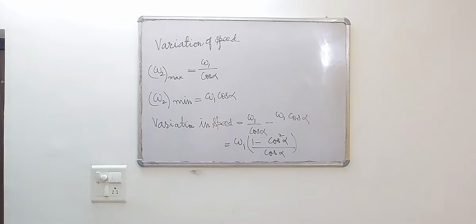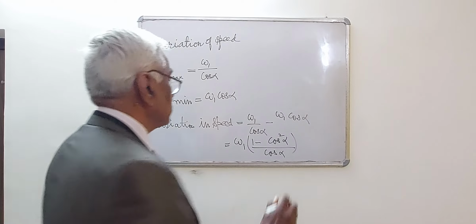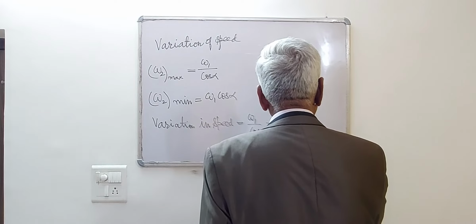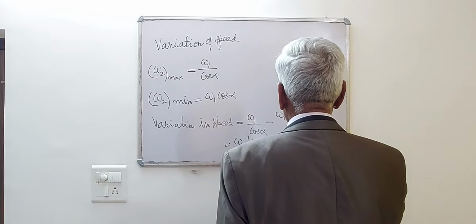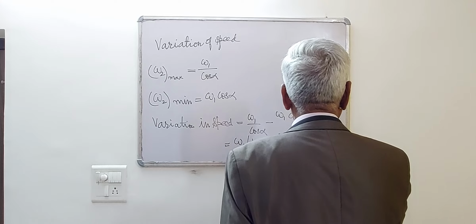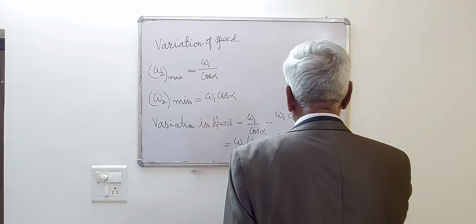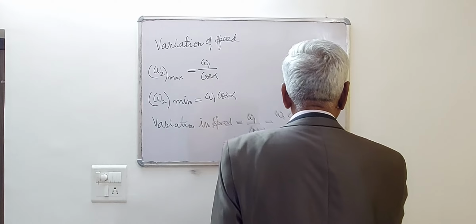This is the maximum variation of speed. Or it can be written as omega 1, and 1 minus cos square alpha will be sin square alpha, so sin square alpha divided by cos alpha.